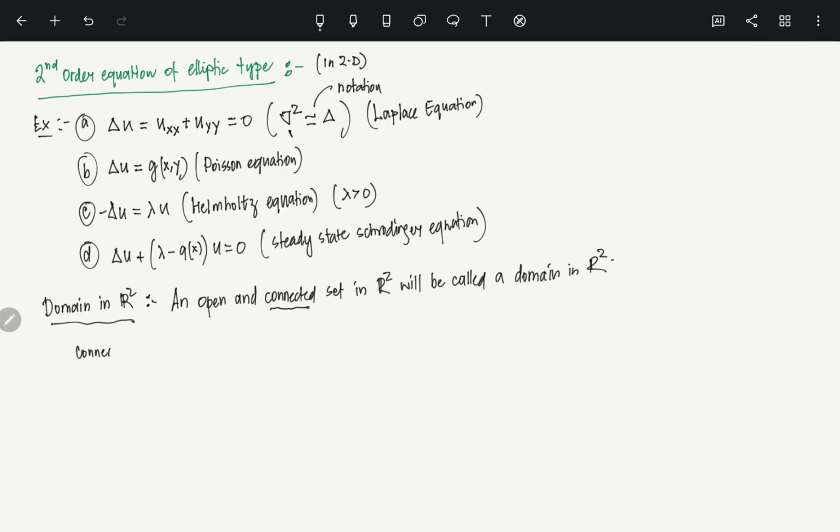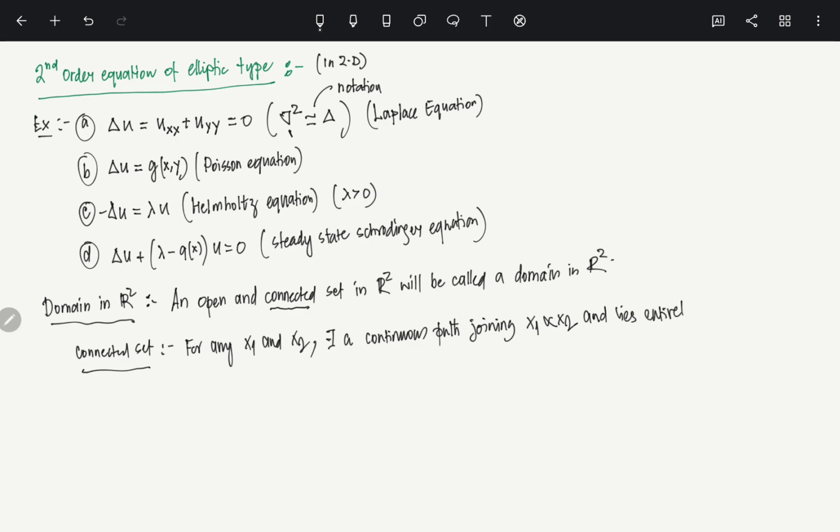We define it as follows: for any two points x1 and x2, there exists a continuous path joining x1 and x2 which lies entirely in the domain itself, so basically on the set itself.